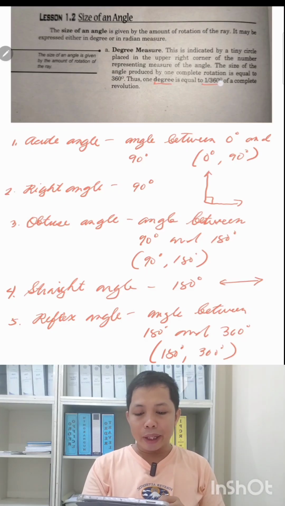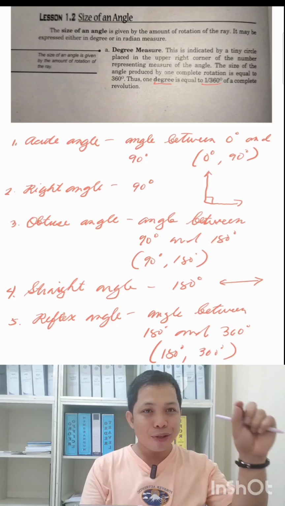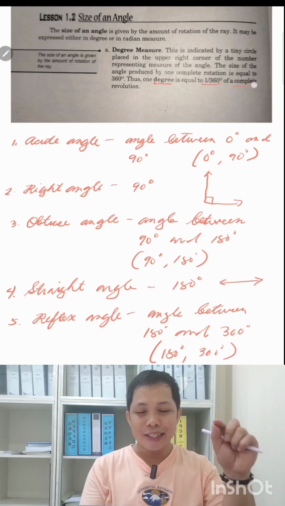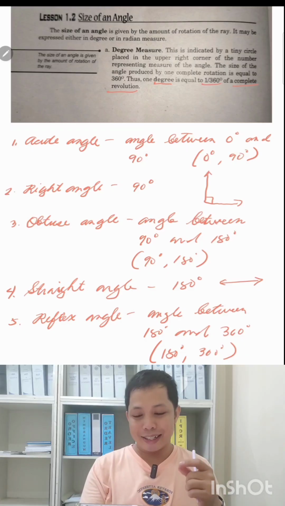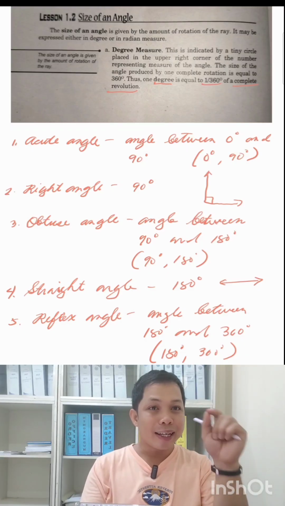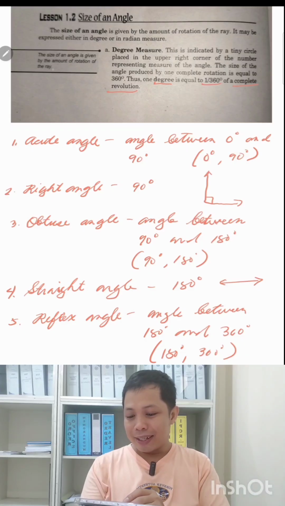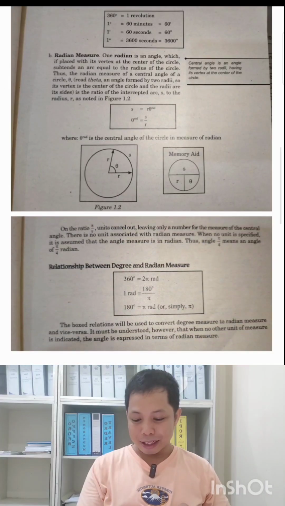Thus, 1 degree is equal to 1 over 360 of a revolution, because one complete revolution is 360 degrees. The size of an angle is given by the amount of rotation of the ray. Let us proceed with the conversion.